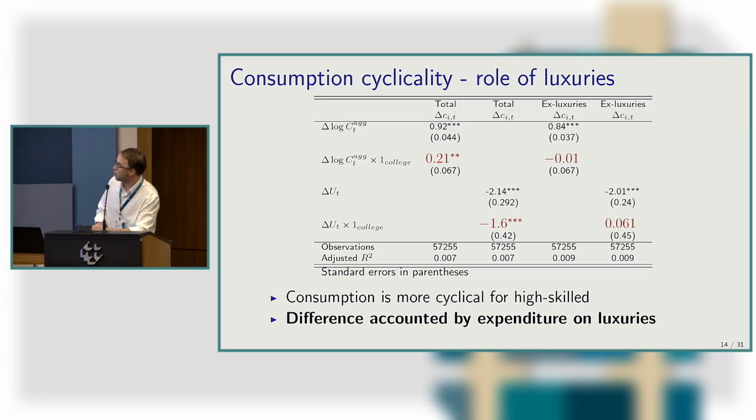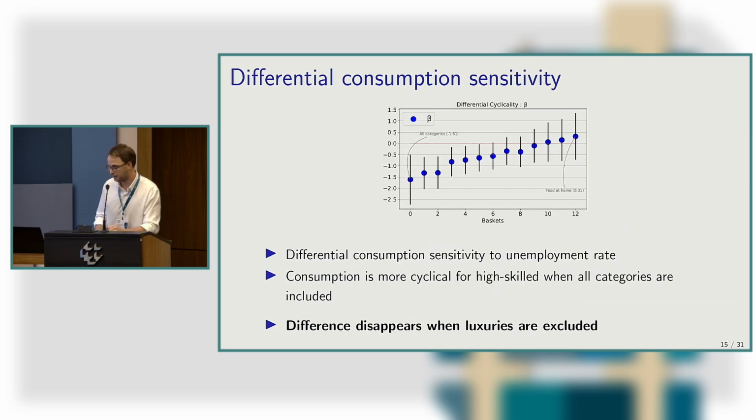And the last two columns are the results when we exclude luxury components from our measure of consumption. And what we find is that once you exclude the luxury part of the consumption, there's no more difference in consumption cyclicality between high and low skilled workers. And I take this as evidence that this difference is accounted for by expenditure on luxuries.